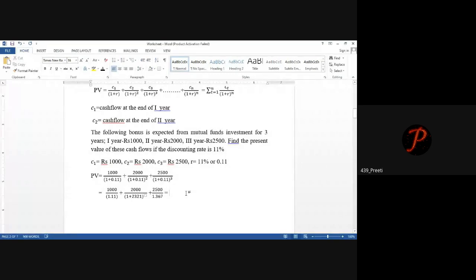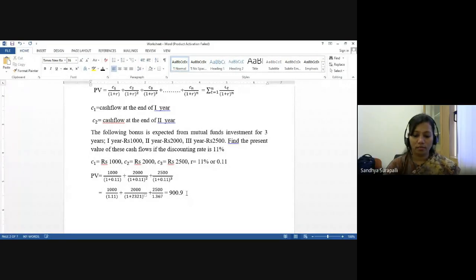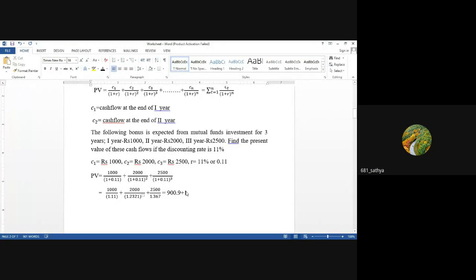900.9. Plus 2000 divided by 1.2321, which is 1623.24.